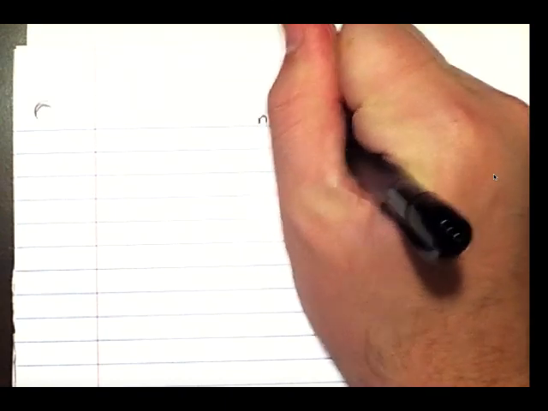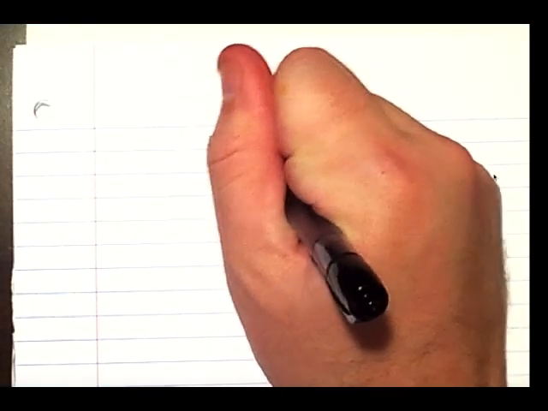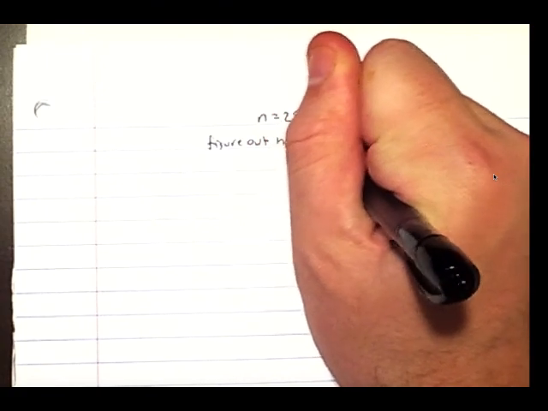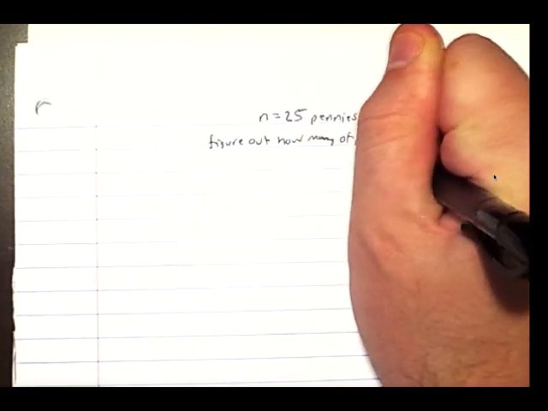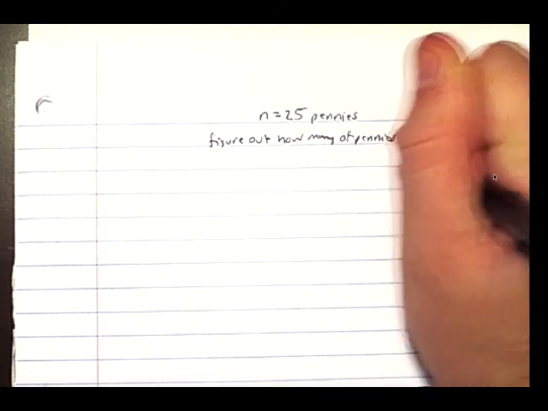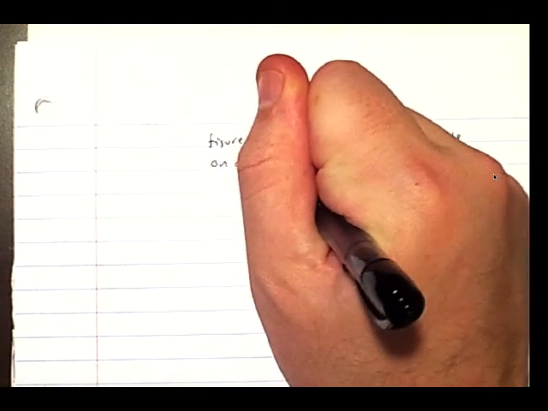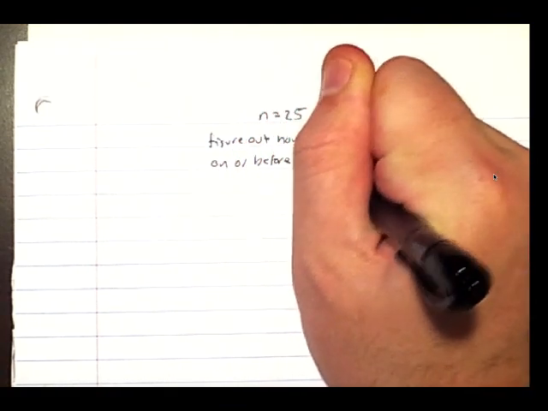Let me try to illustrate this with an example we've been working on in class. As part of our pennies activity, I've asked you to take 25 pennies and figure out how many of the pennies were made on or before 1983, based on the year that's on the penny.